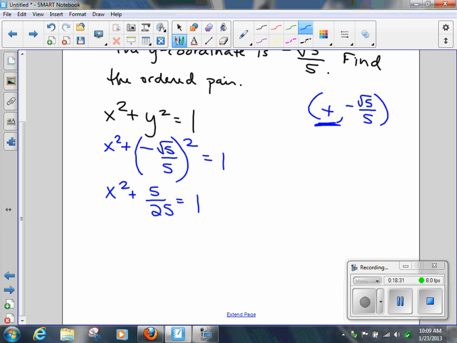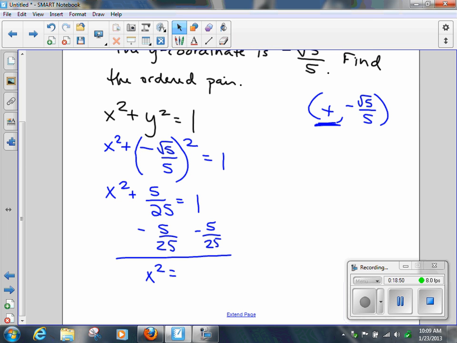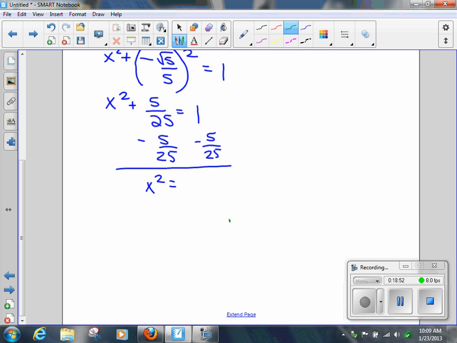What are we going to do now? Move the 5/25ths or 1/5 over. I would recommend keeping it as 25 as your denominator, and you'll see why in just a second. All right, now, you do not need a calculator because 1 is equivalent to what fraction?